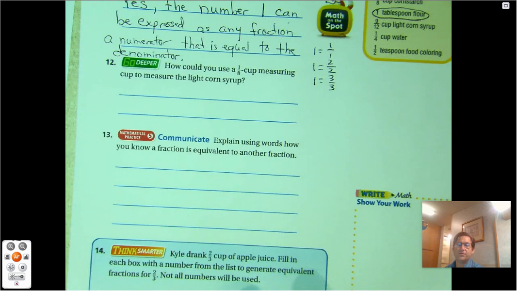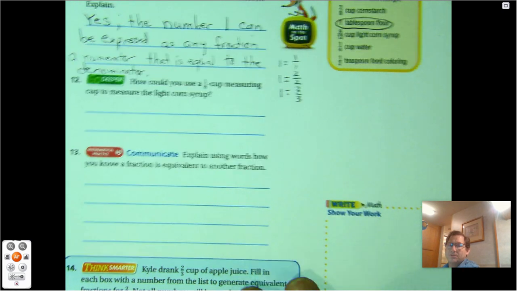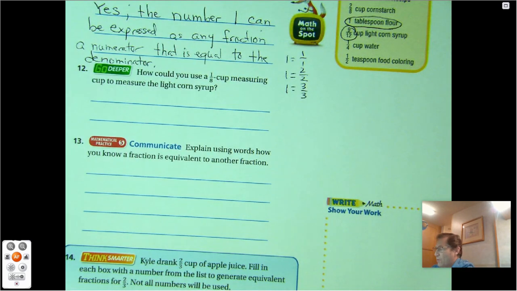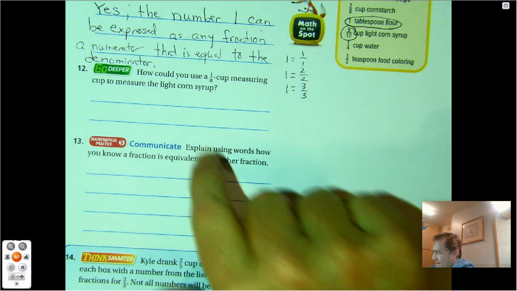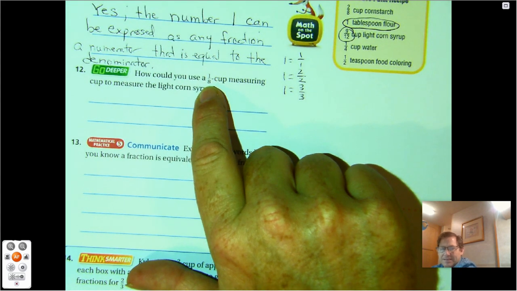All right, how could you use a 1/8 cup measuring cup to measure the light corn syrup? So the light corn syrup is 9/12. So we're going to have to do a little manipulating here because we know eighths. How can I get eighths? Well, that could be a fourth, right? And I could double the fourths to eighths.